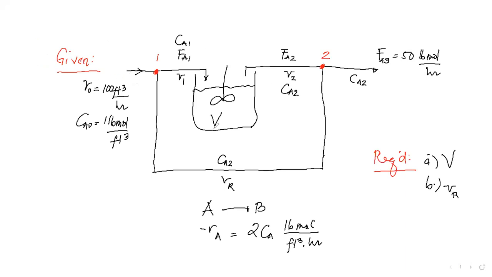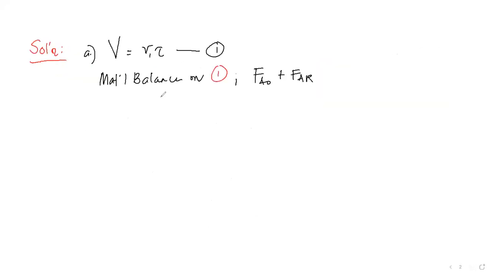So FAO plus FAR would be FA1. Now, in terms of volumetric flow rates and concentration, this can be written as V sub O CAO plus V sub R CA2, and this would be equal to V sub 1 CA1.